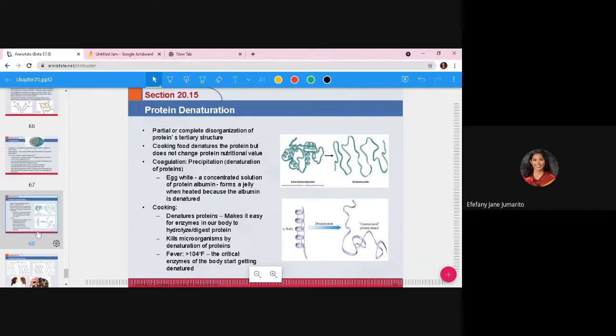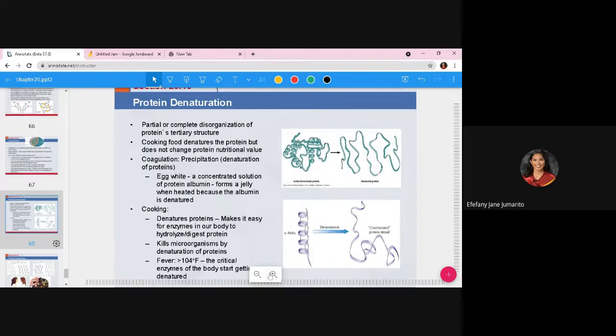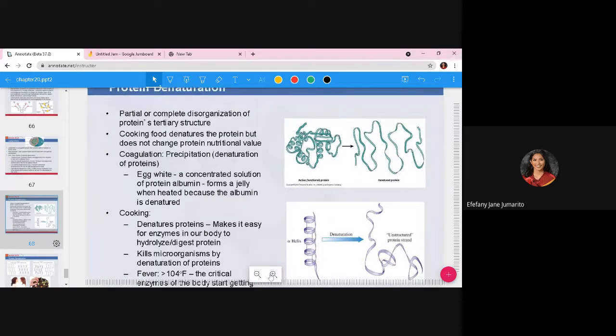Okay, protein denaturation. When we say protein denaturation, denaturing is the cleavage of the protein. Now, when we cook, denaturation is also a good process, because when we cook meat, the protein there will be denatured. When we cook an egg, what's the protein in your egg?